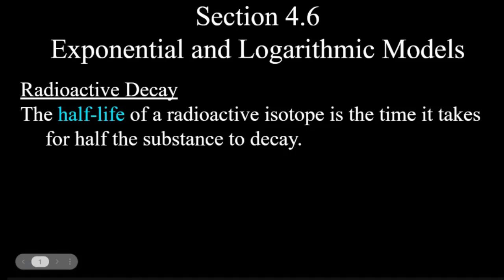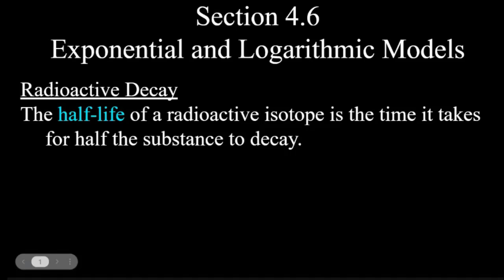So a term that we need to know when we're talking about radioactive decay is half-life. And the half-life of a radioactive isotope is the time that it takes for half of the substance to decay. In other words, if you start out with 100 pounds of something and you go through one full half-life, you will get down to 50 pounds because half of it has decayed.